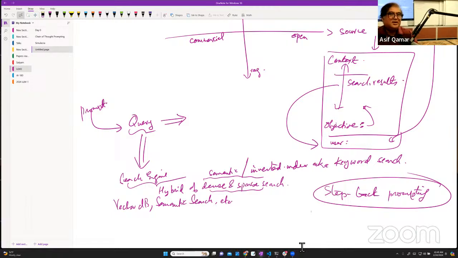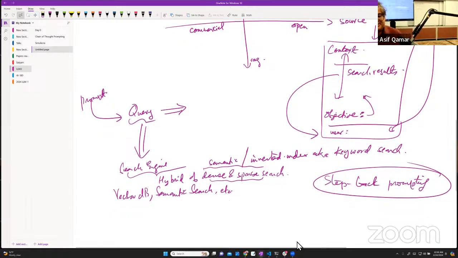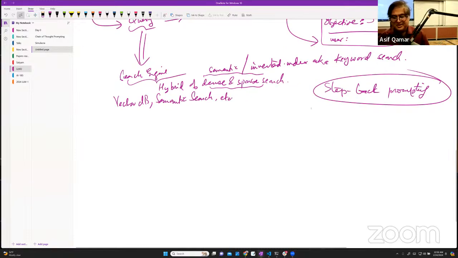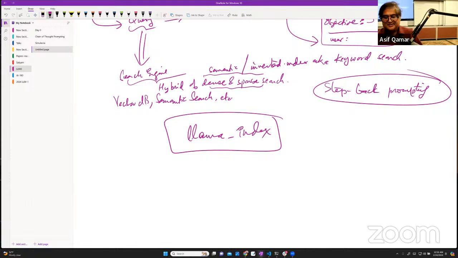Open source projects are doing an excellent job. The one we will standardize on, and please feel free to like it or groan at it, is Llama Index.